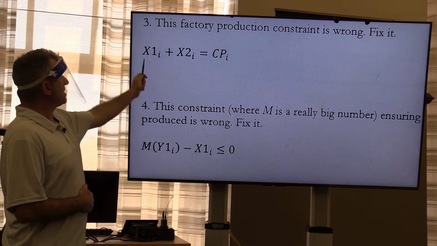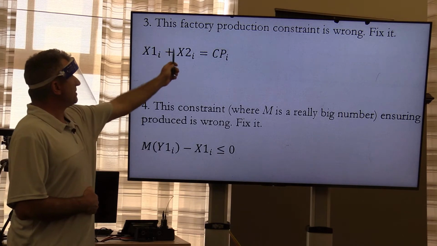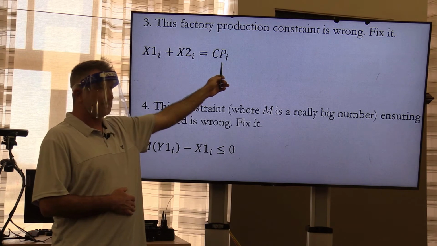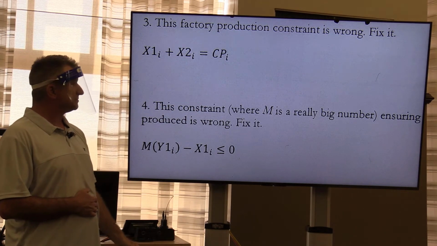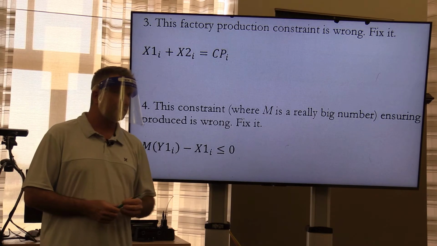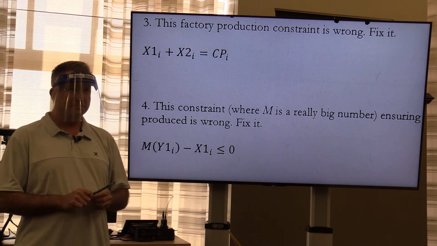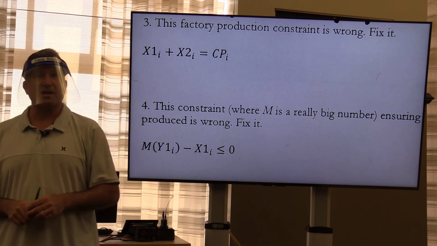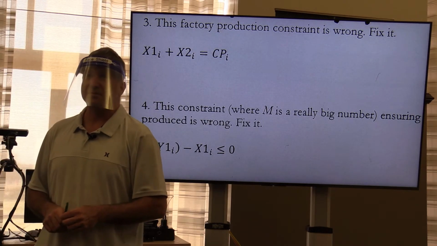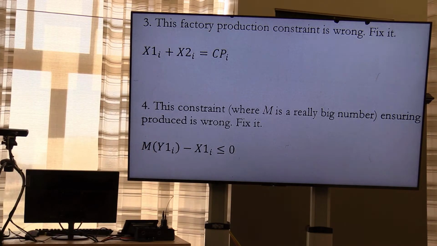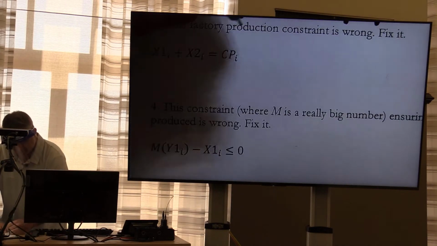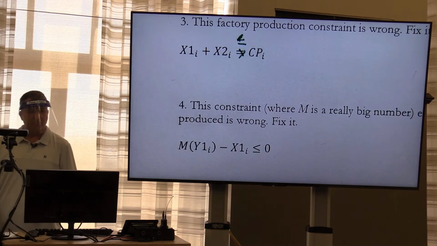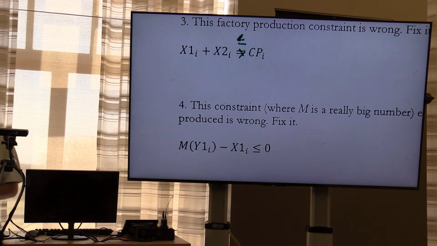This is saying the amount of gum 1 produced plus the amount of gum 2 produced equals the maximum production level. Yeah, exactly. You should never say we have to produce the maximum amount. The total amount you produce should be less than or equal to that maximum constraint.